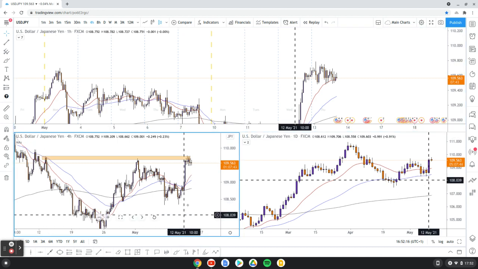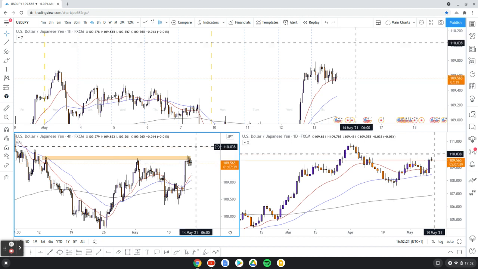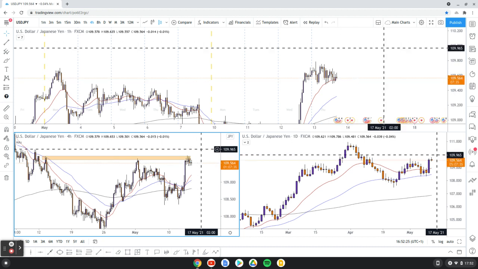But I was happy enough with the trade. As long as the momentum continued, I was expecting the price could possibly get into 110 as my main, well, third management point.